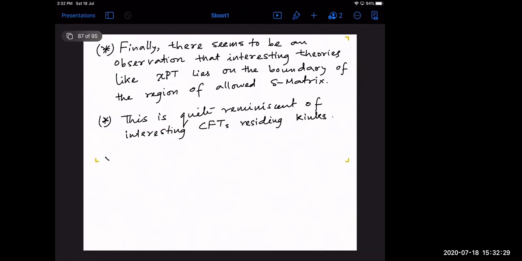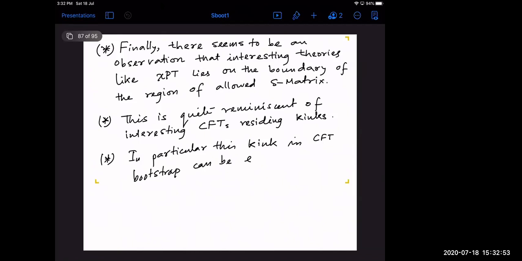So the question, and in particular, is whether this kink in CFT bootstrap can be explained by positive geometry.